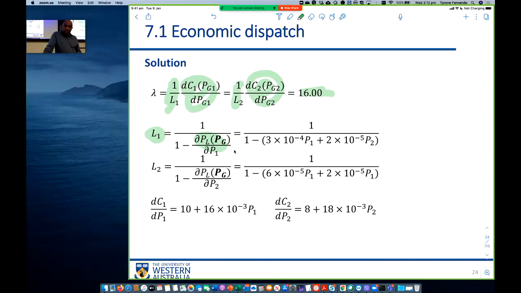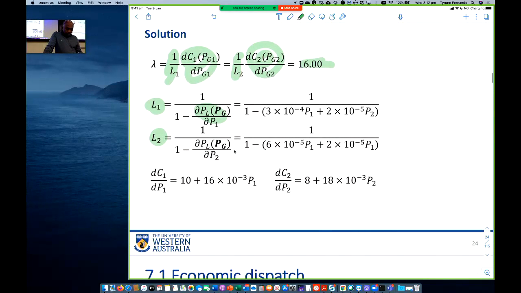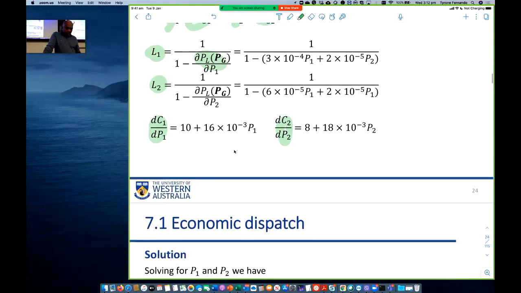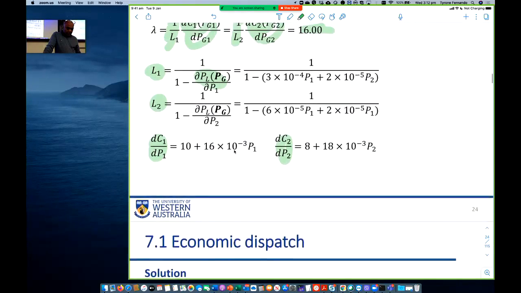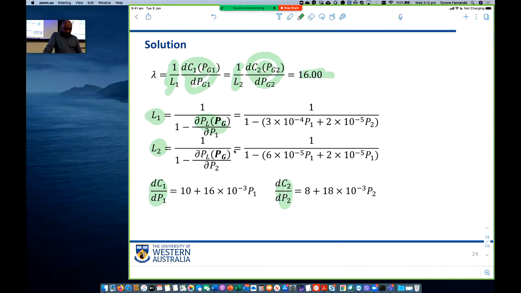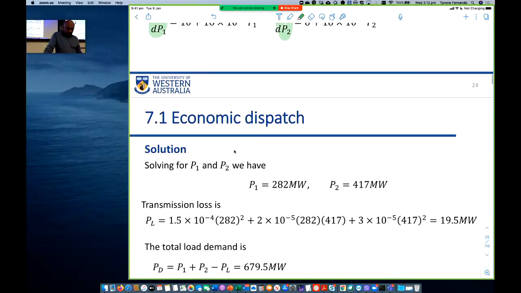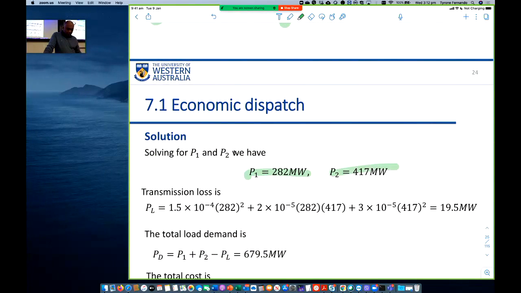We obtain that expression. Same way we can obtain the penalty factor L2, right? So incremental costs can be obtained by differentiating the respective cost functions. Then we multiply L1 by that, L2 by that, and equate them, like in here, and then we can determine P1 and P2.